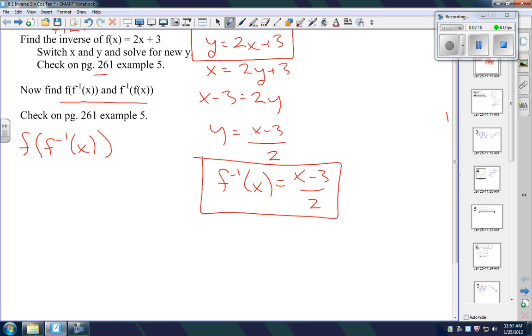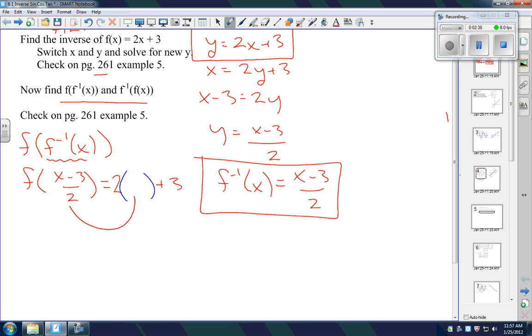So I'm going to plug the inverse into the original. So you always start on the inside. So there's my inverse, x minus 3 divided by 2. Now I want to take that and plug that into my original. So my original says 2 times some blob, and then I want to add 3.